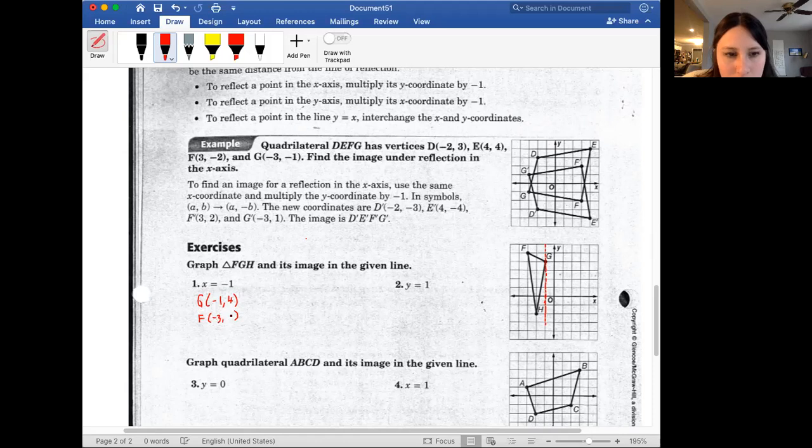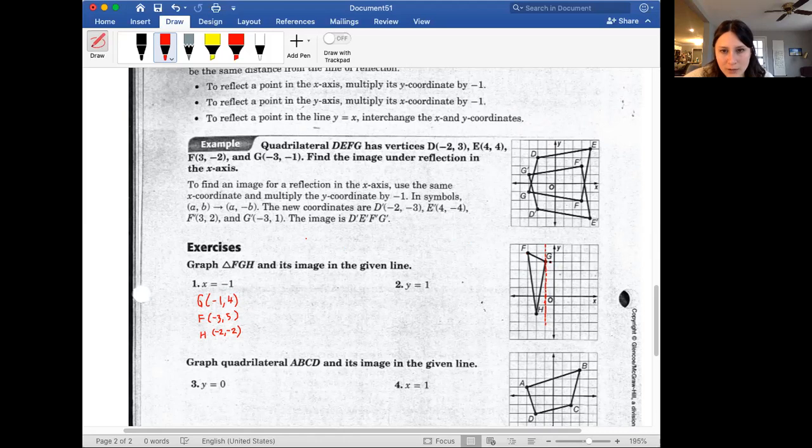And then you have H at negative 2, negative 2. However, because the line of reflection isn't on the y-axis, you can't just follow the rules that we talked about in the notes that we took, where the reflections would just be flip-flopped, or one would be negative, whatever. So we can just draw it out here.